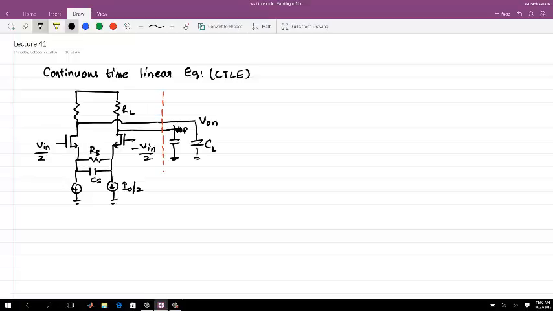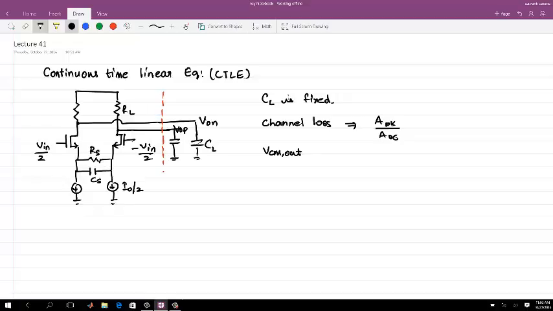Now, if you look at the design for the CTLE, the things which you know beforehand: CL is fixed, in the sense of what is coming from the following block. Then channel loss will decide what kind of gain you need. Channel loss will decide what your A peak by A DC ratio is. The other thing is the common mode output voltage, VCM out.